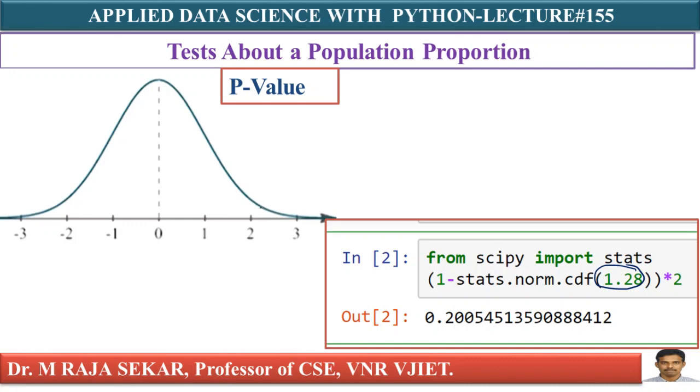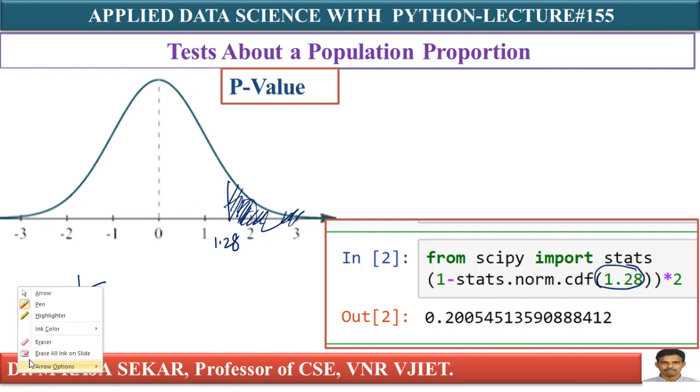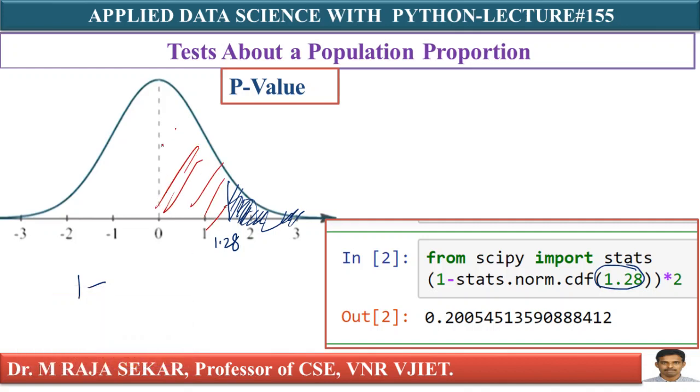Let me say somewhere here I have 1.28. What is my p value? P value means this right side region, isn't it? I need this area. What is the total area? Total area is 1, isn't it? From the entire 1, I must subtract this portion, this red portion.